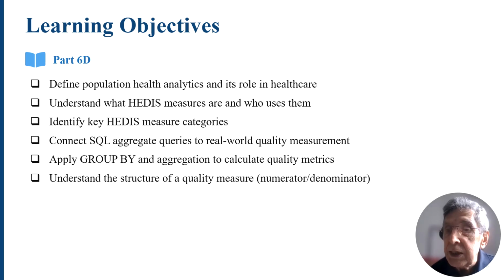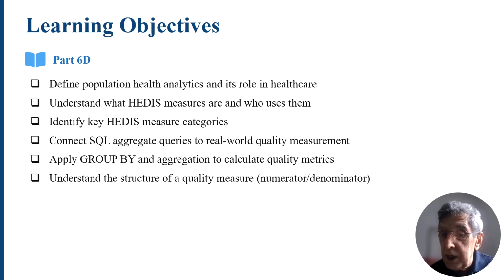By the end of this part D, 6D, you should be able to accomplish 6 things. First, to define population health analytics and understand its role in modern healthcare delivery. Second, understand what HEDIS measures are and who uses them, which, to be honest, is essentially every major health plan in the United States. Third, to identify the key categories of HEDIS measures.